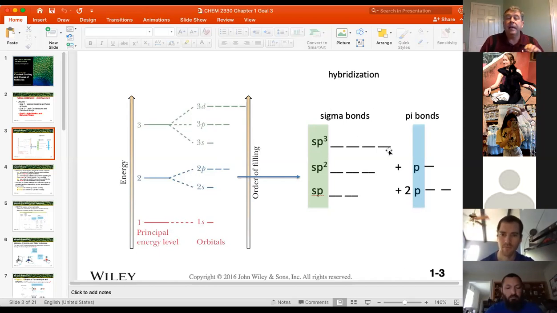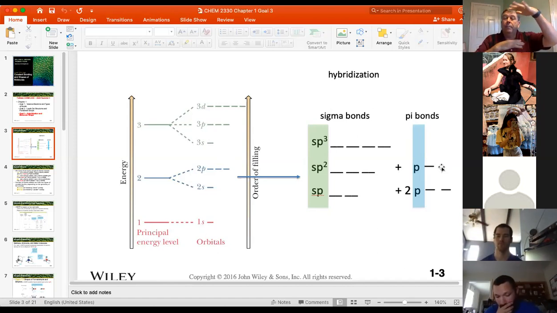If we only take 2 of those p's and the s, we have 3 equal orbitals plus a p. This p orbital will allow us to do a different kind of bonding called parallel bonding, or pi bonding. And if we take only 1 s and 1 p and make 2 equal orbitals, we'll have 2 additional orbitals that will bond differently.